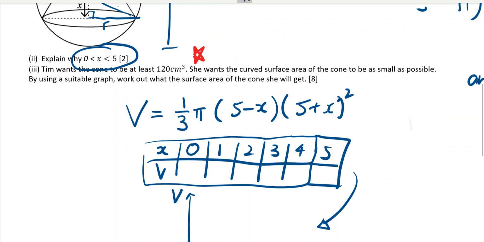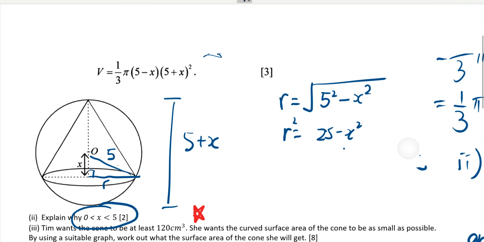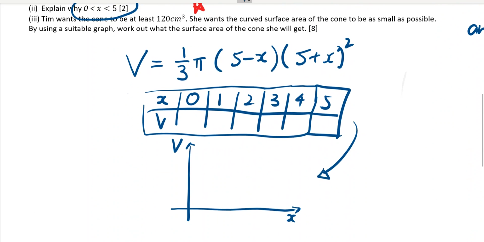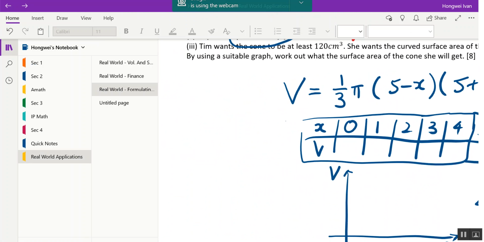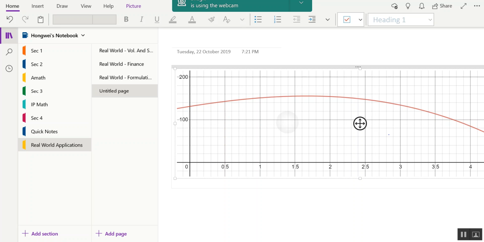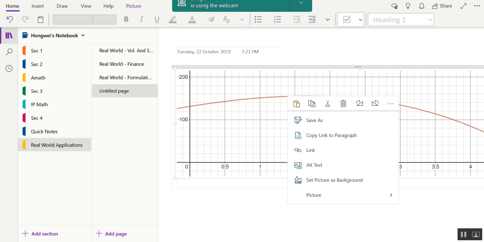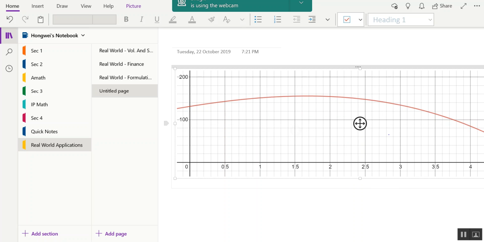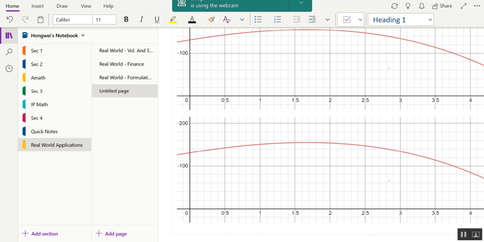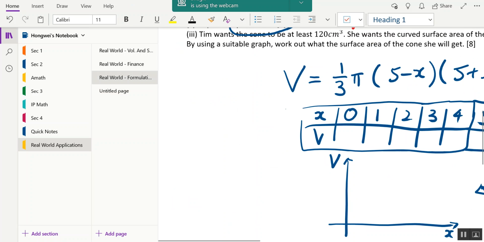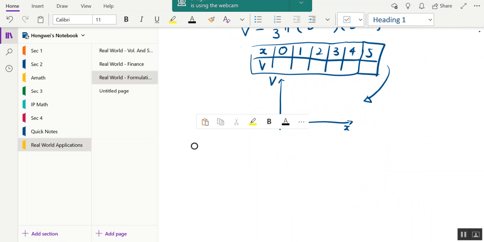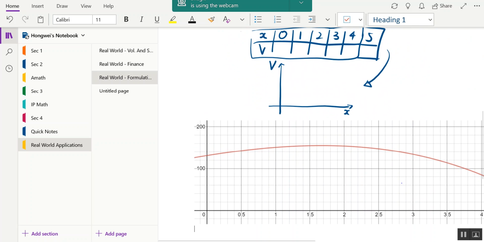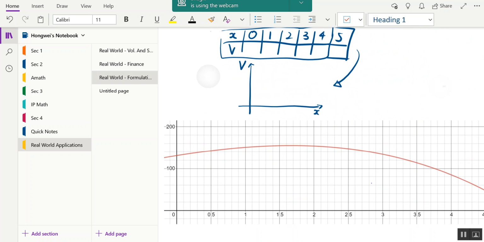Always use the formula that they ask you to prove to draw into a graph. After which, you will get a graph that is something like this.